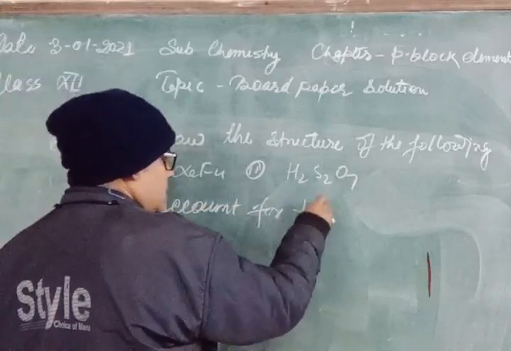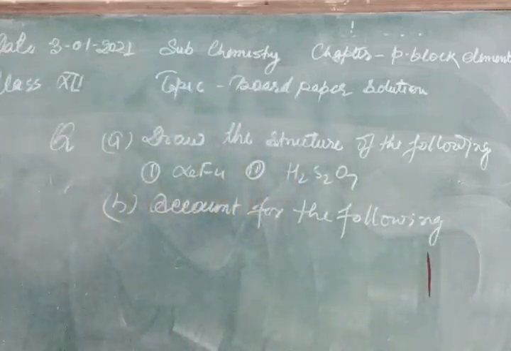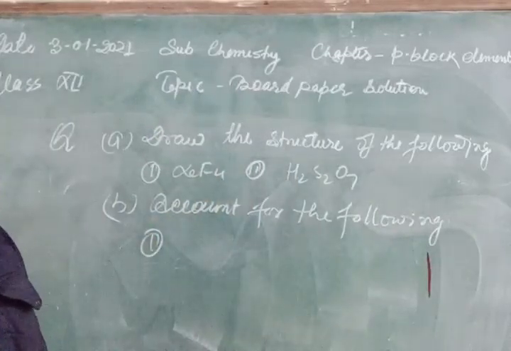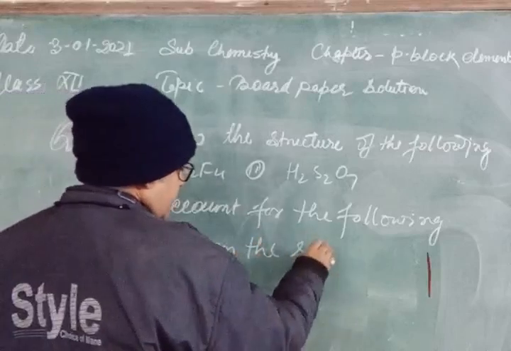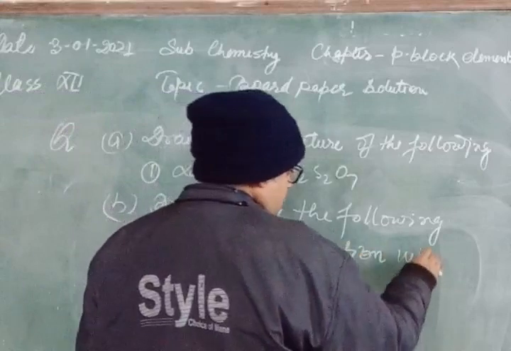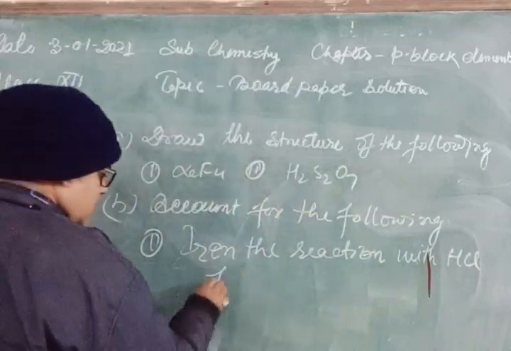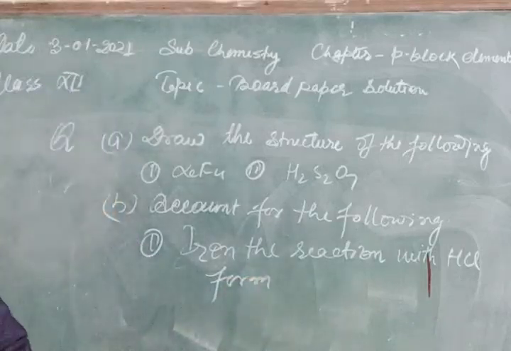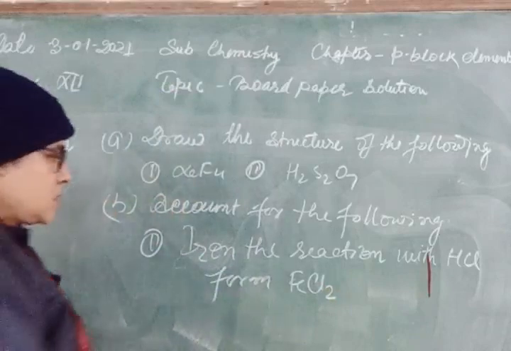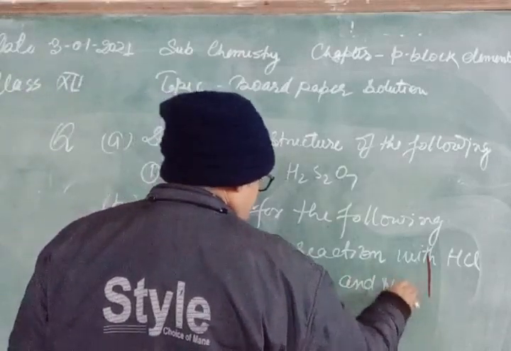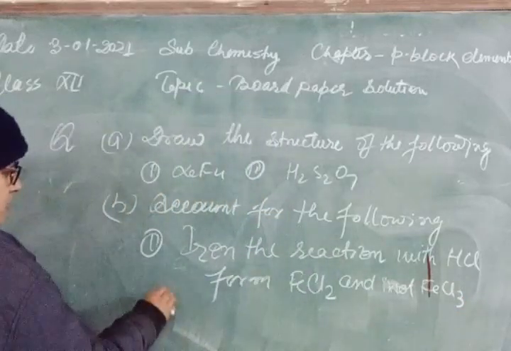First, iron on the reaction with HCl forms FeCl2, not FeCl3.